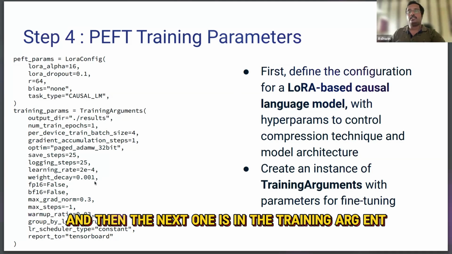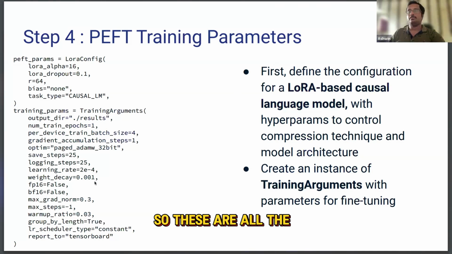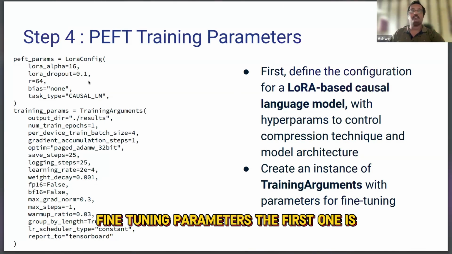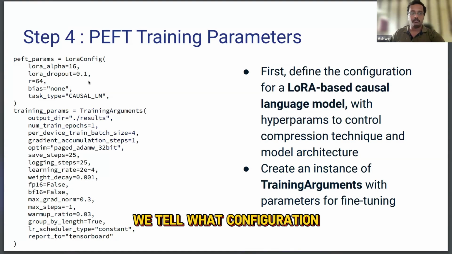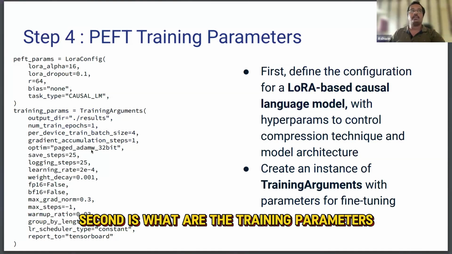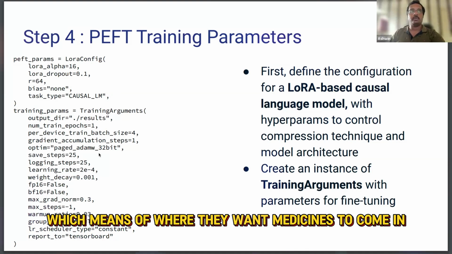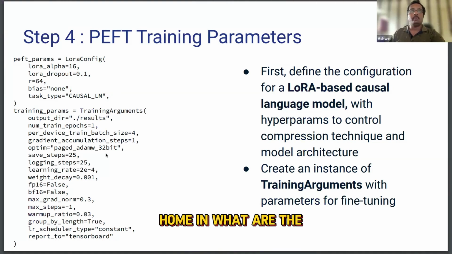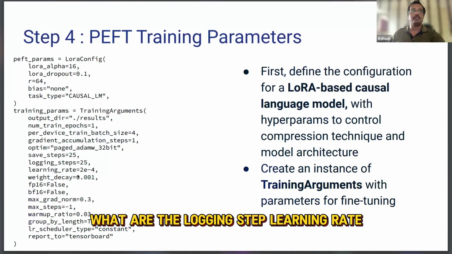And then the next one is on the training arguments. These are all the fine-tuning parameters. The first one is we tell what configuration for the fine-tuning algorithm that we want to use. Second is the training parameters, which means where do I want my results to come in, what are the logging steps, learning rate.